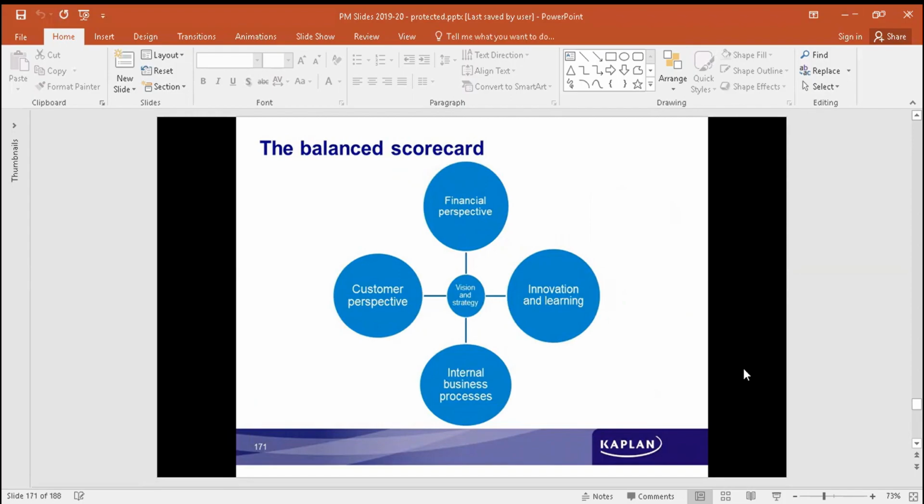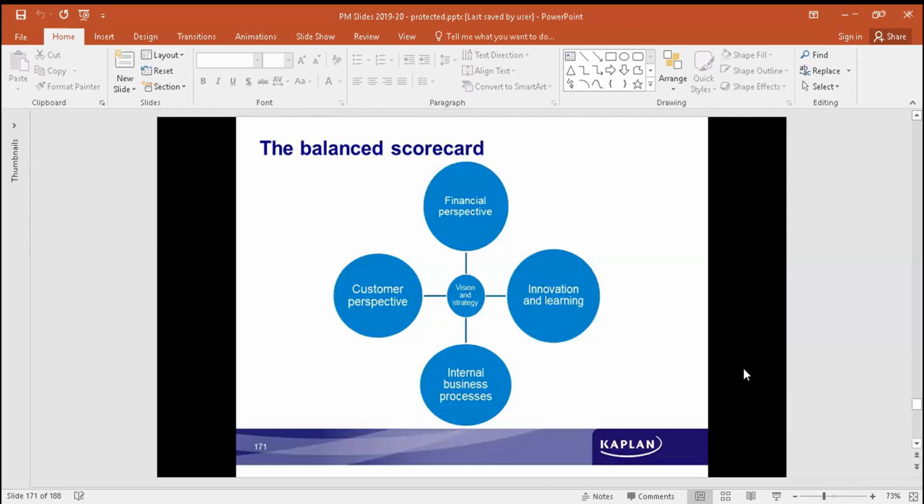When the performance of the organization is measured, measuring the performance of the entire organization may not be very simple for certain organizations, because the size of the organization could be very big with multiple departments, divisions, and activities going on.